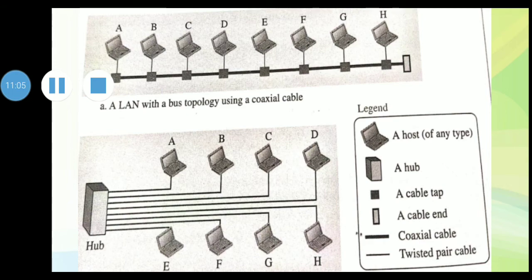After the third collision k is 3, and it is in the range of 0 to 7. So after every collision the range goes on increasing and the back-off time becomes longer. This is due to the fact that if the collision happens even after the third or fourth attempt, it means that the network is really busy. A longer back-off time is needed. Okay.